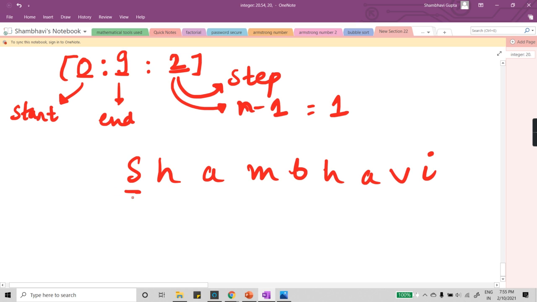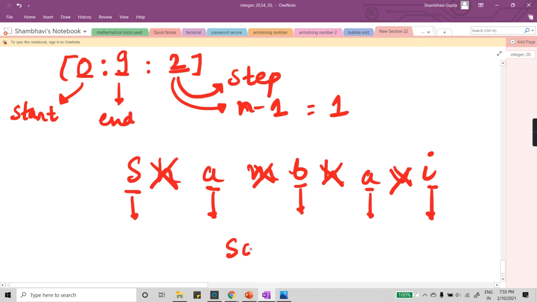In the starting it will print S, then it will leave H, then print A, leave M, print B, leave H, print A, leave V, and print I. So the output you would get is SABAI.